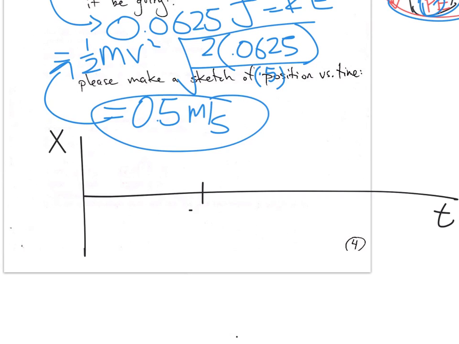If I go back, the video will stop. So let's say the period of oscillation, I think it was 0.6 seconds or something. So let's say this is 0.6 seconds and 1.2 seconds and 1.8 seconds.